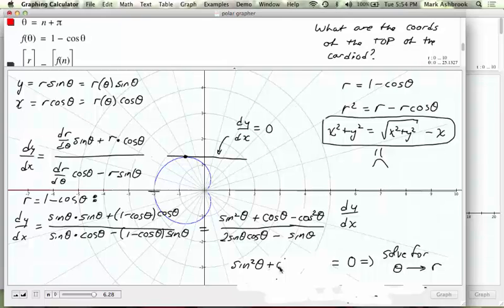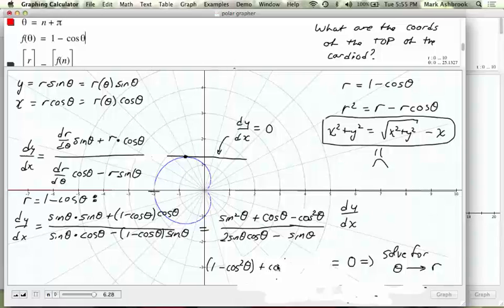plus cosine theta. Okay, so to solve this as a quadratic, we want to get it all in terms of cosine. So we're going to change the sine squared, using the Pythagorean identity, to 1 minus cosine squared theta.